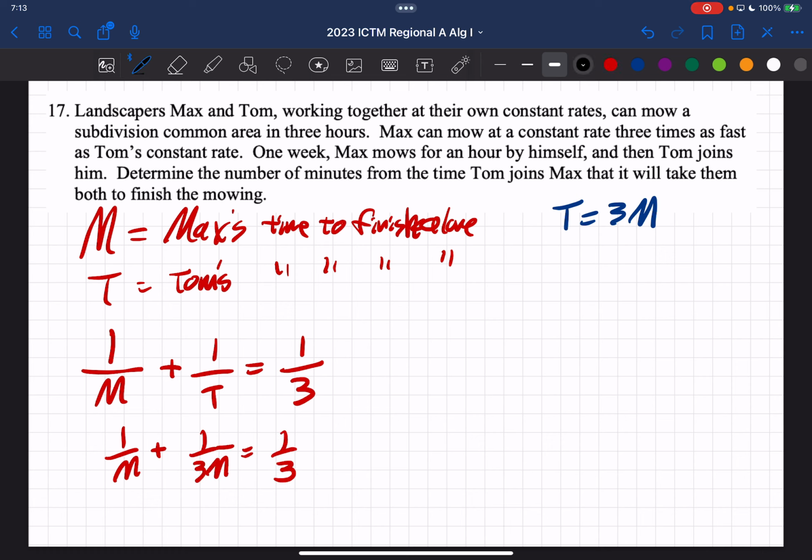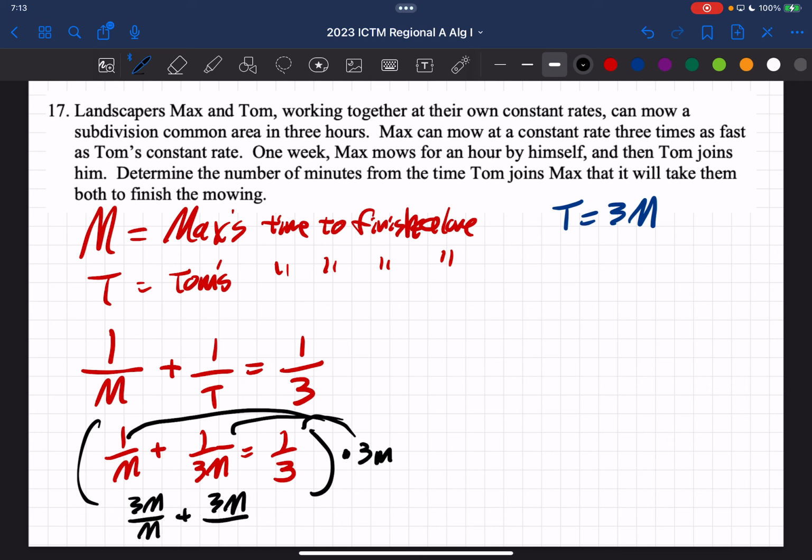What we've got is m in the denominator, so we're going to multiply every term by 3m. When we do that, we get 3m over m plus 3m over 3m equals 3m over 3.